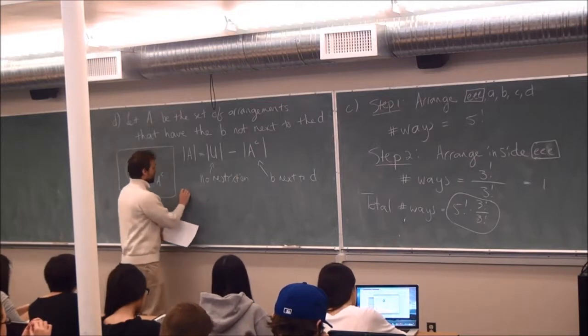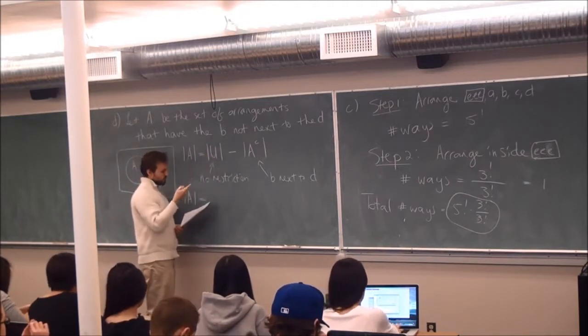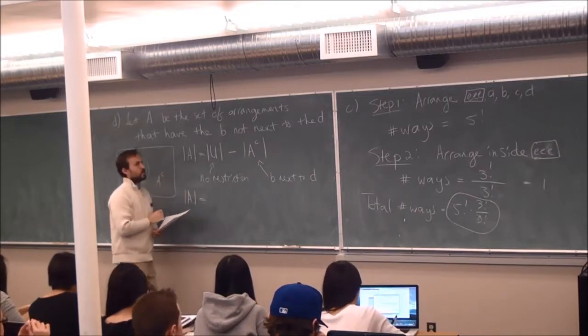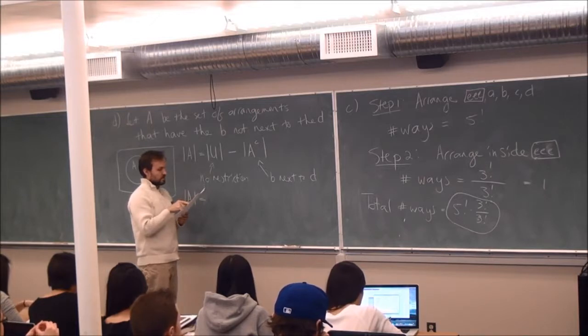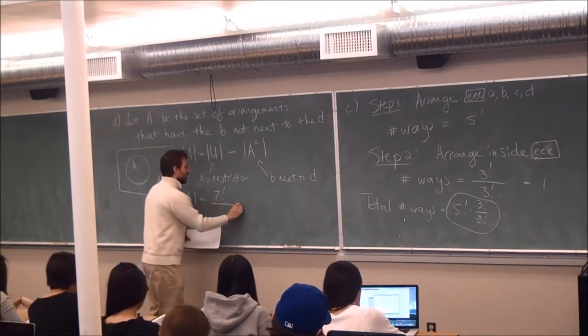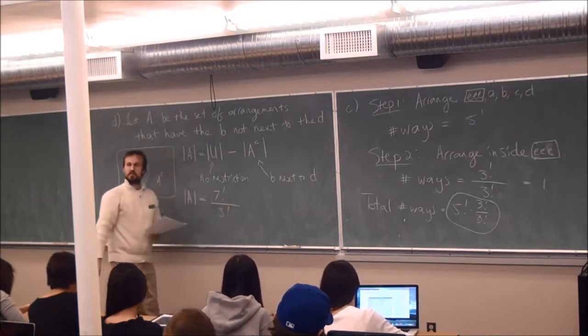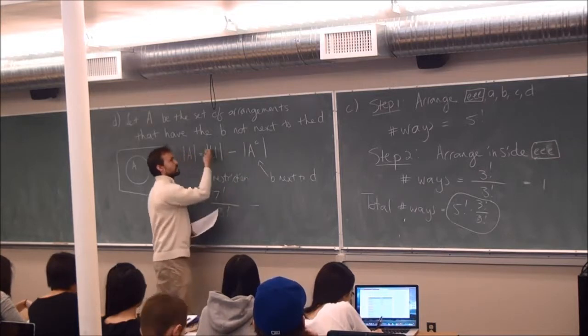So let's do that here. Well, we did this one already. That was part A, where I have no additional restriction. I had A, B, C, D, E, E. That was 7 letters. And I had 3 identical letters. So that's the first part of this.